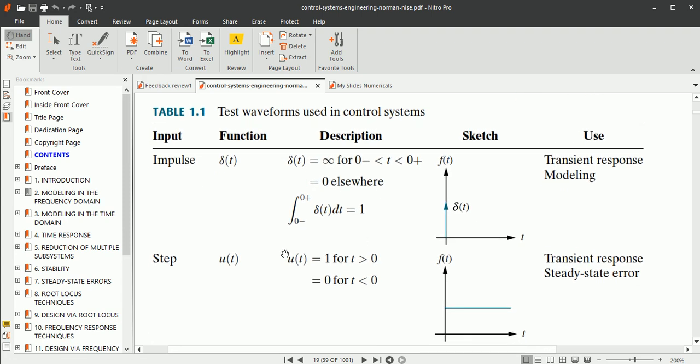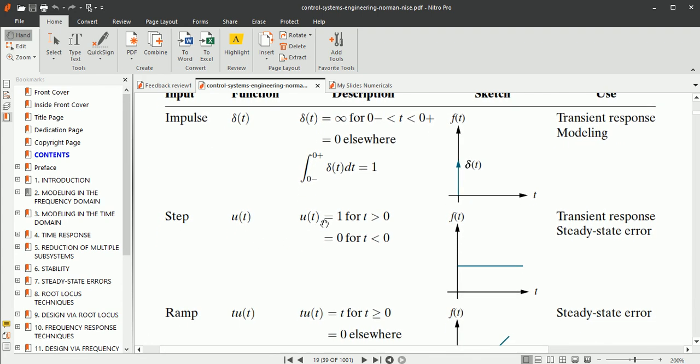The u of t step function has value 1 for t greater than 0 and 0 for t less than 0, and its Laplace is 1 over s.